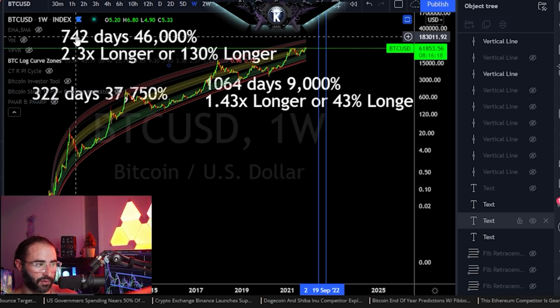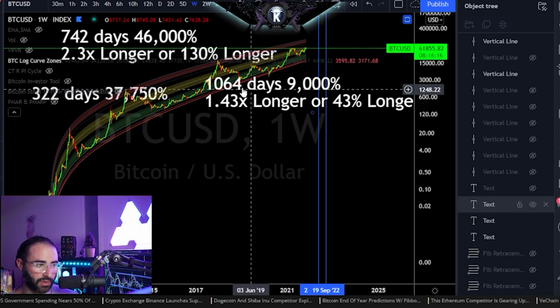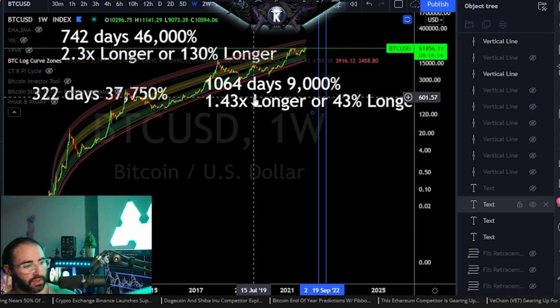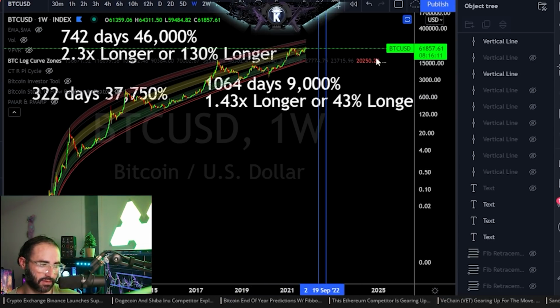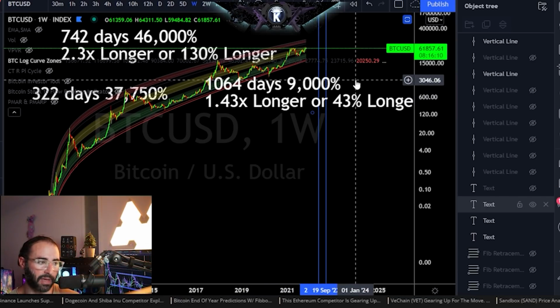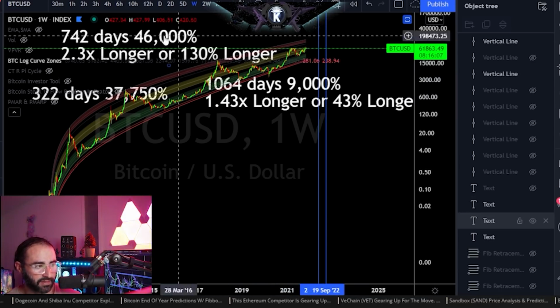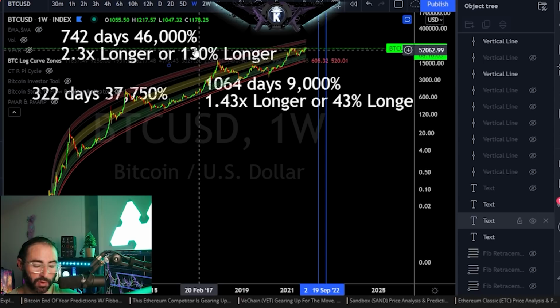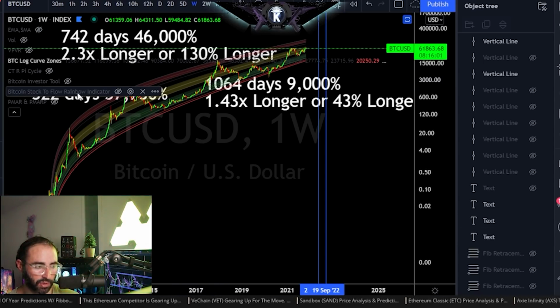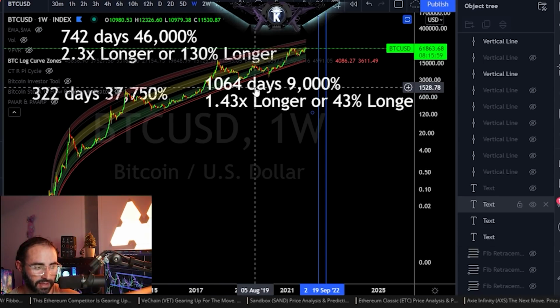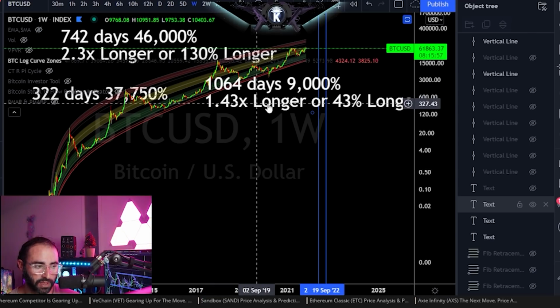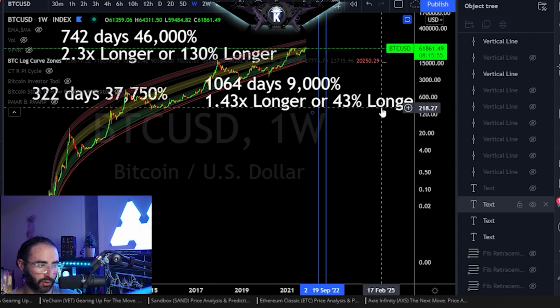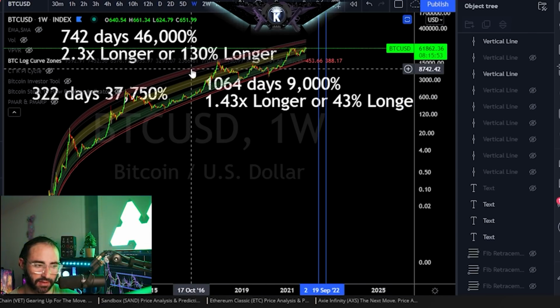Second cycle is 742 days, and the third cycle is 1064 days. And of course, our current cycle is 1064 out from the previous macro low. With that said, our second cycle was 2.3x longer, or 130% longer than the previous cycle. And the third cycle was 1.43x longer, or just 43% longer than the second cycle.